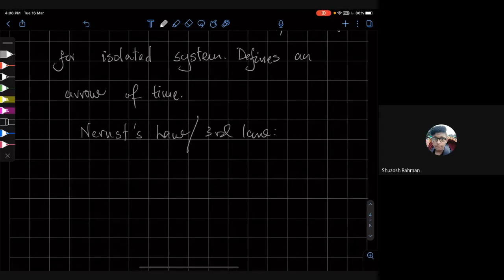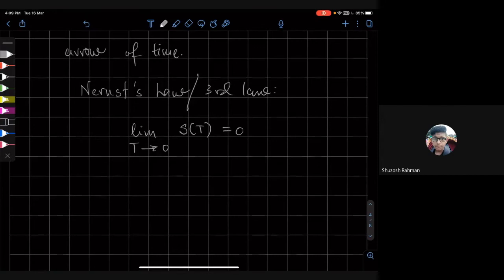And what it says is that if you take the limit of the temperature, and by this I mean the temperature of the thermodynamic temperature scale, which is known as Kelvin, then the entropy as a function of T goes to 0 in that limit. Okay.